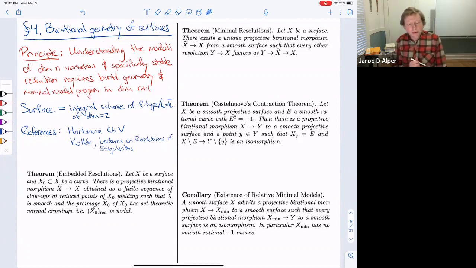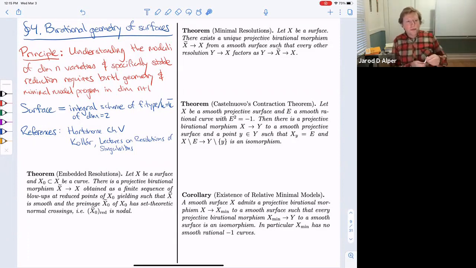If you're interested in understanding the moduli space of n-dimensional varieties, and specifically you want to find a compactification of the moduli space, and you want to determine what singularities of canonically polarized n-dimensional varieties you should allow to get a compact moduli problem, it requires a systematic understanding of birational geometry in one higher dimension. Because via the valuative criterion, you're forced to study families of objects over a curve, and therefore you've increased the dimension by 1.